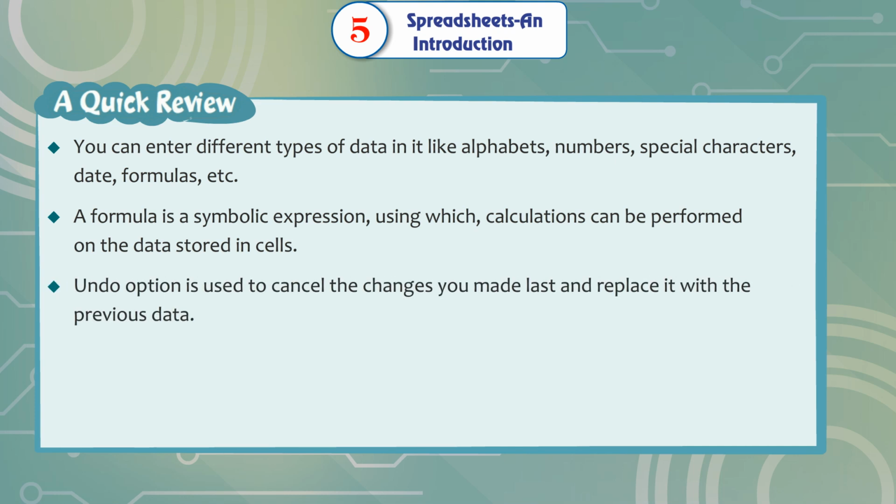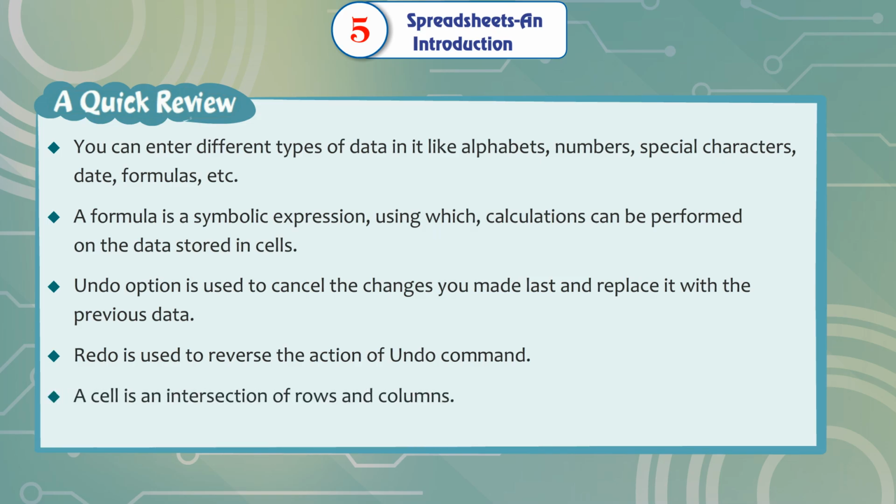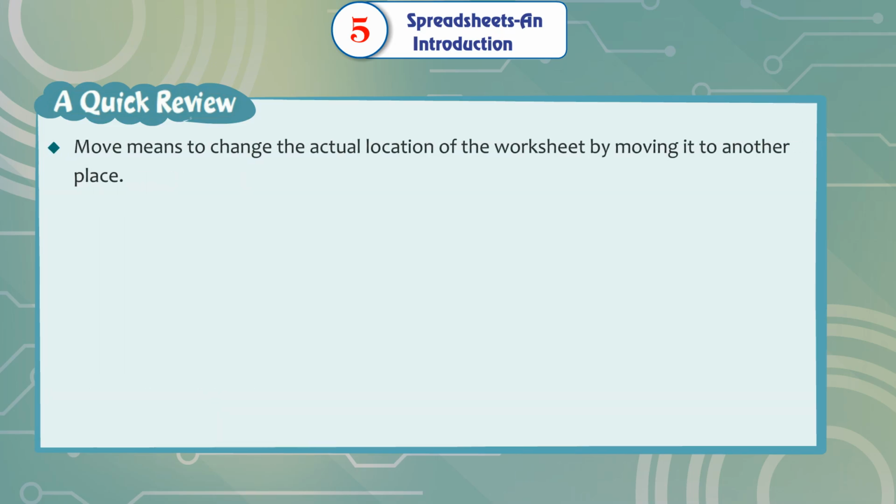Undo option is used to cancel the changes you made last and replace it with the previous data. Redo is used to reverse the action of undo command. A cell is an intersection of rows and columns. Move means to change the actual location of the worksheet by moving it to another place. Copy option is used to create a duplicate copy of the worksheet.